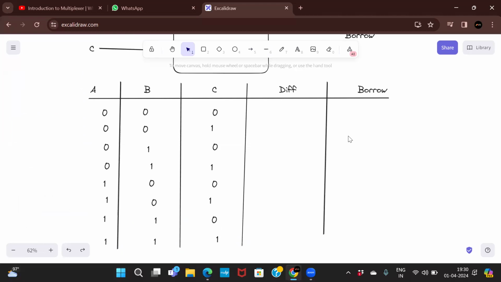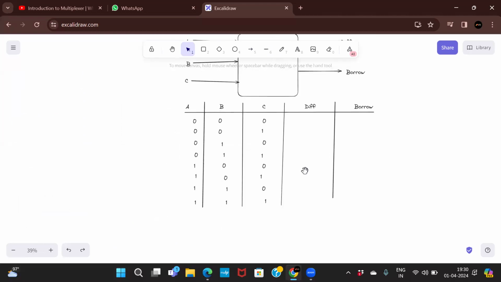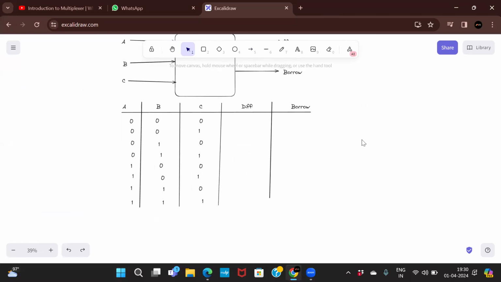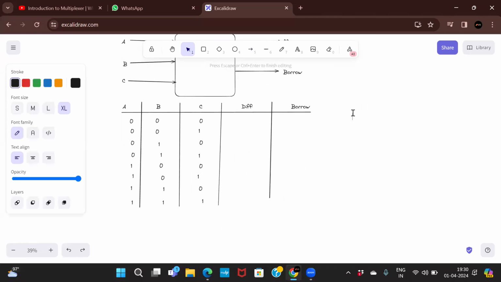So what I'm doing: first, we have 0 minus 0 minus 0. So what is the output? 0. And do we take any borrow? No. So just write 0, 0. Next we have 0 minus 0 minus 1. Just consider 0 minus 0 equals 0. Again 0 minus 1.